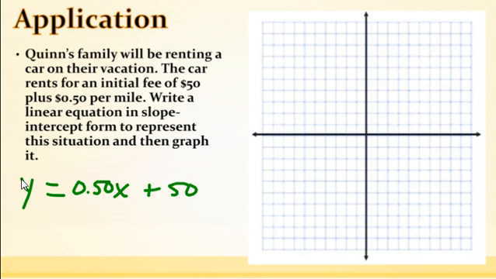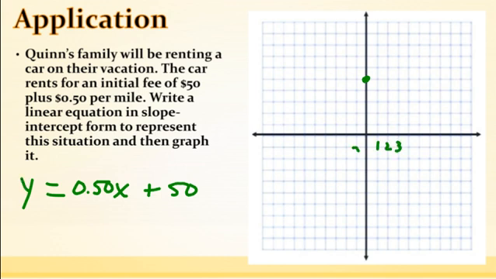To graph it, we'll count by tens. Let's see. Yeah, let's count by tens. So we go 10, 20, 30, 40, 50. These are going to count by, let's say, ones. So 1, 2, 3.